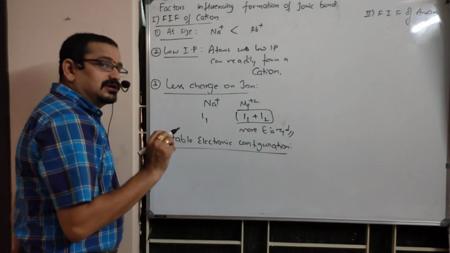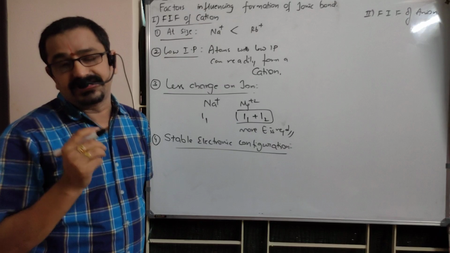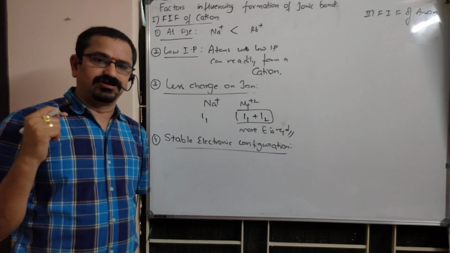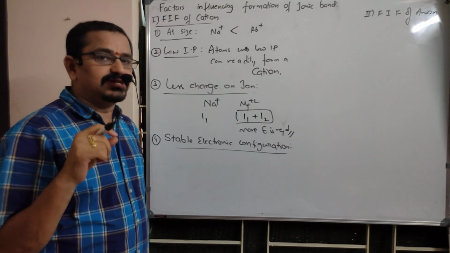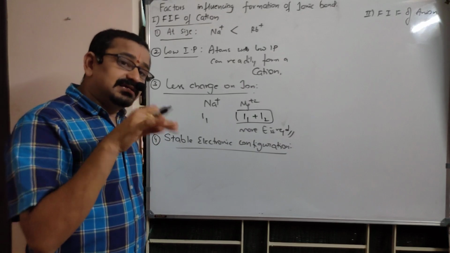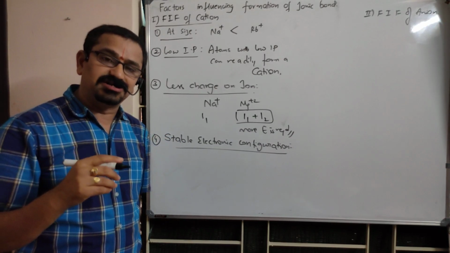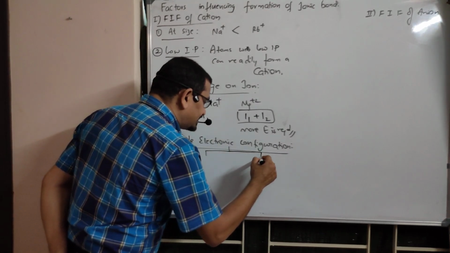Stable electronic configuration means, what are the electronic configurations we have studied so far? One is half-filled electronic configuration, the other is completely filled electronic configuration. Both give stability to the atom, right? Other than this, we have one more, that is pseudo inert gas configuration. I am repeating: stable electronic configuration, two ways are there.